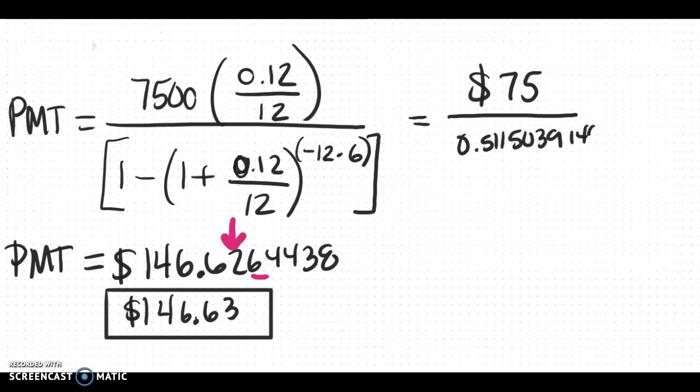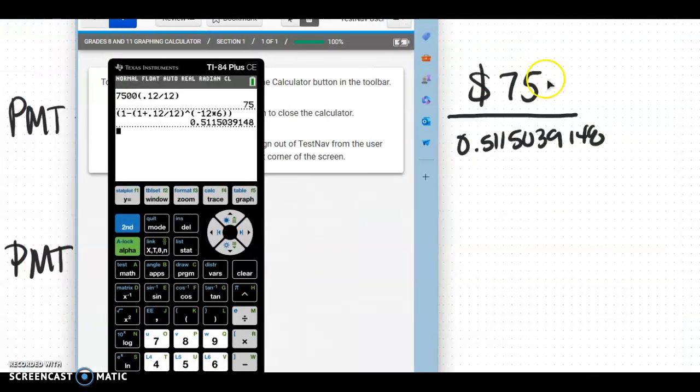And then I would not round this until the very end. So I would keep this out to what you see on the screen, and then at the very end round. So what I mean is, don't just type, oh, this is close to 0.5, so I'm just going to type 0.5, because if you hit enter here, you're going to see that your answer will be quite different.